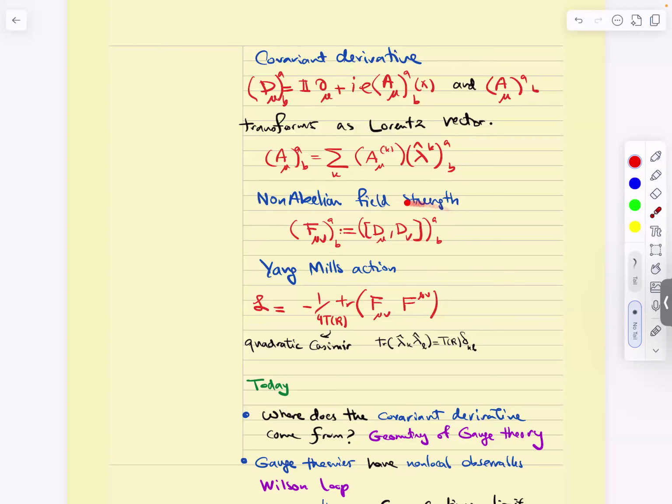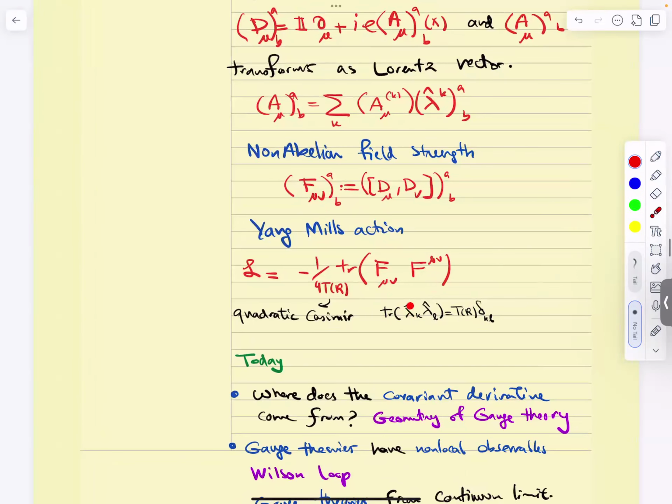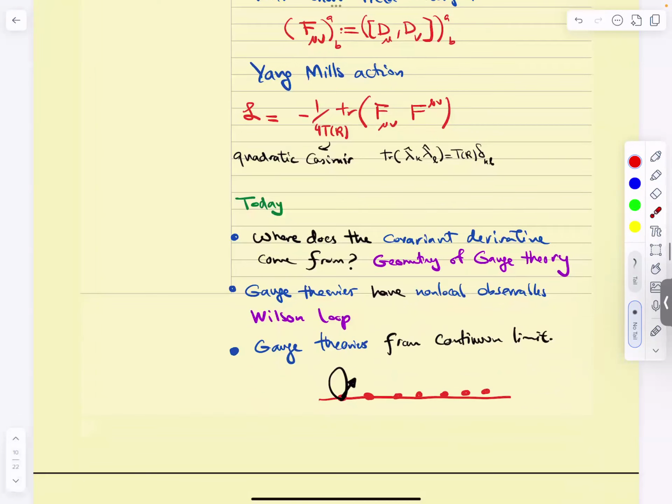The non-abelian field strength is written this way, and the Yang-Mills action is this. TR is the thing that comes out of the, I already now here switched to lambda. So anyway, now we can actually start this lecture because this is what I was hoping to go over last time. Are there any questions?